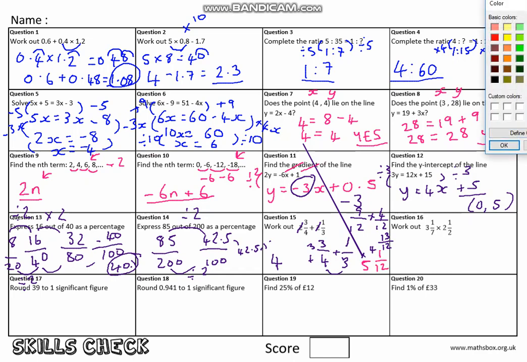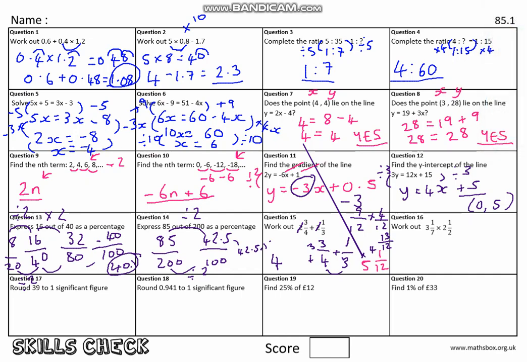Now the next one's a little bit easier because it's multiplying, okay? And we like multiplying fractions. So the easiest thing to do here is to turn them into top-heavy fractions first, okay? So we'll do 3 times 7 is 21 plus the 1 on top, so that's 22 over 7.